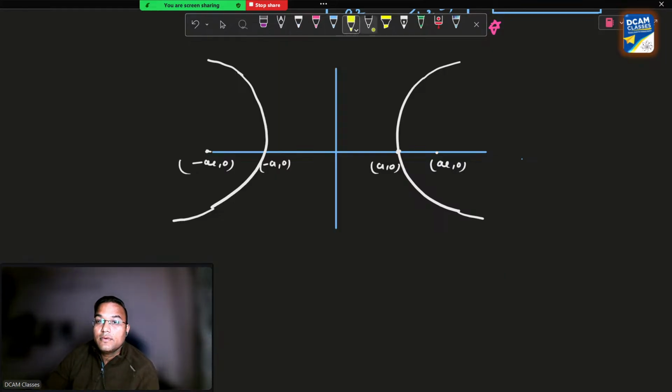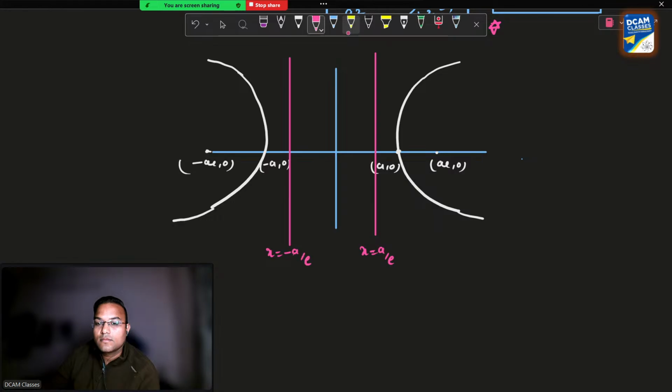Acha, we have got this equation of the directrix also. Now let us find out other things. Now let us get the latus rectum. Latus rectum is actually the same.